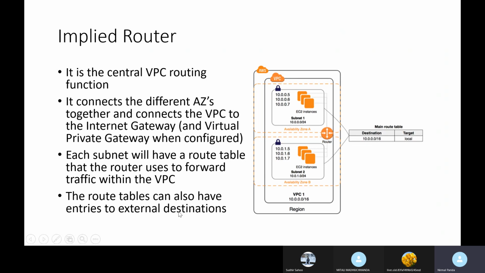The route table can also have entries to external destinations. In this example, one destination is 10.0.0.0/16, and the target is local. That means this range of IP addresses can communicate with each other, and there is no communication to the outside world. For the outside world, you have to add another entry.